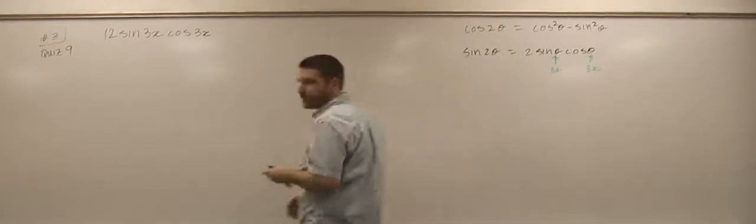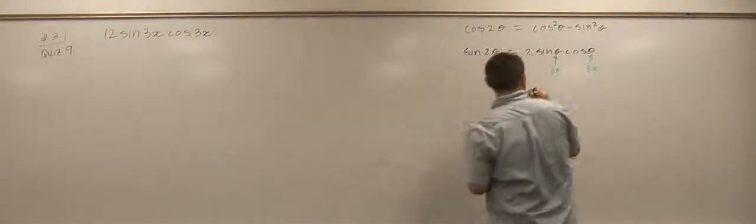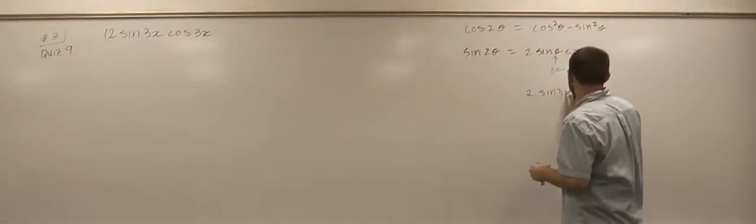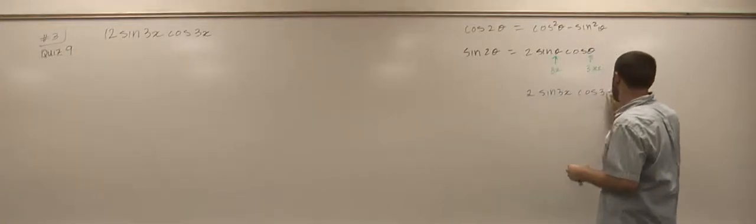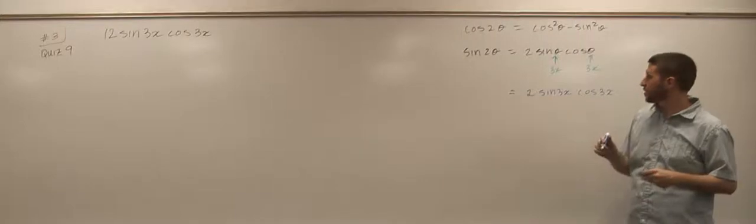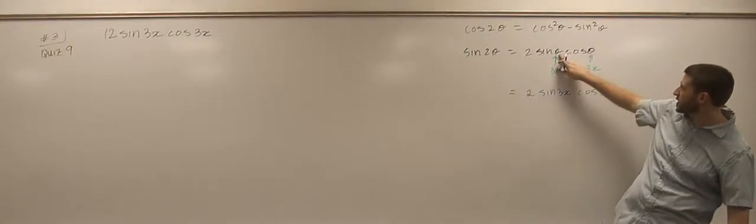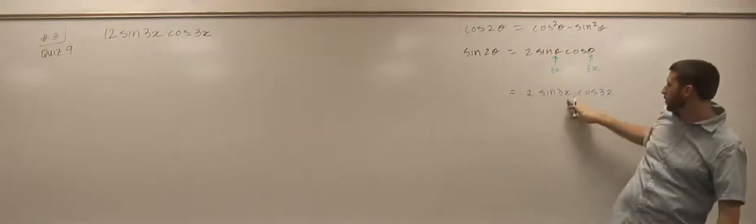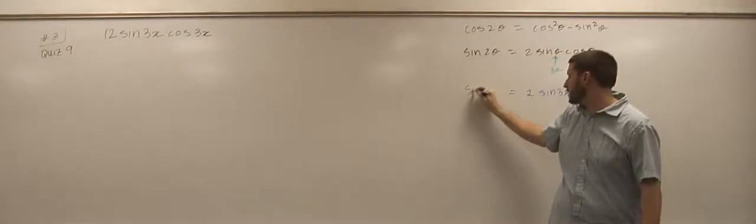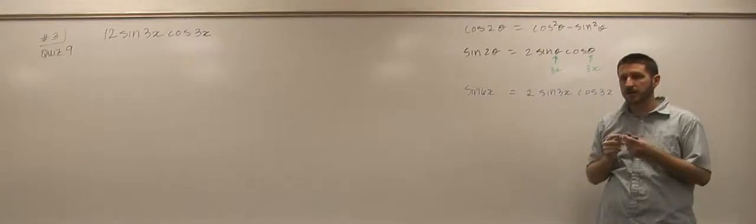So this theta I'm going to have to think of as 3x. So if I have exactly 2 sine 3x cos 3x, then what should be on the other side? Yeah, you double the 3x. It's a double angle formula. It takes this single angle and doubles it. So if it was 3x, this will be sine 6x. But I don't have 2, I have 12.